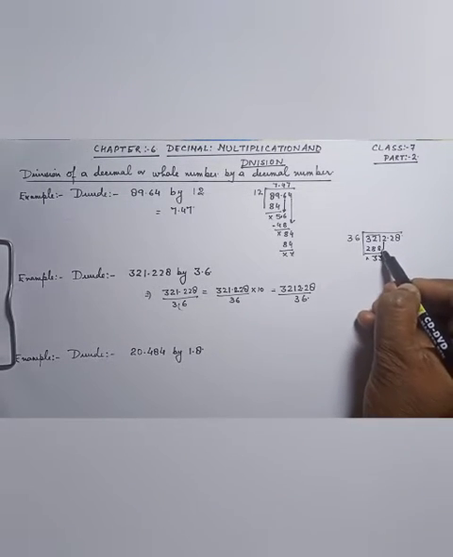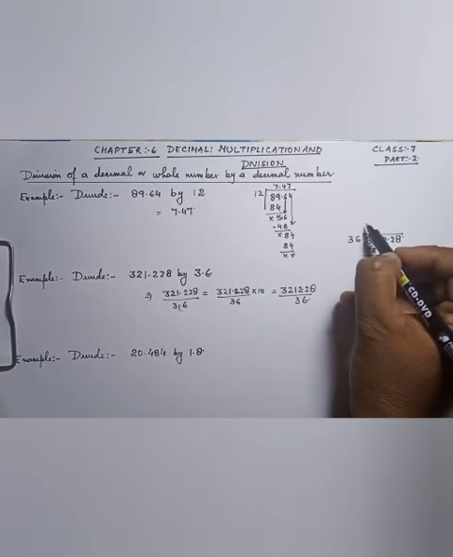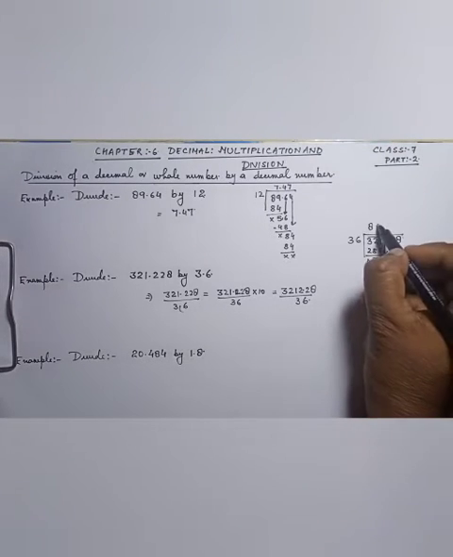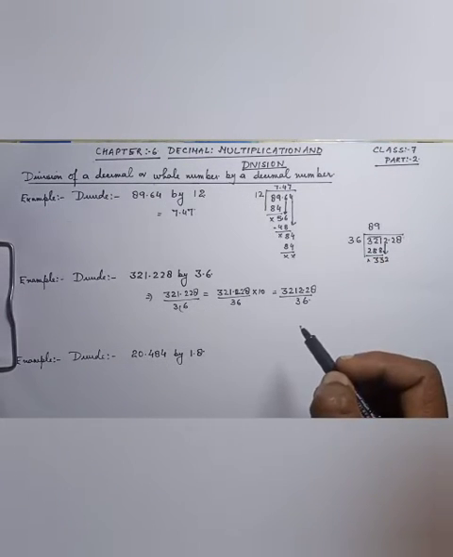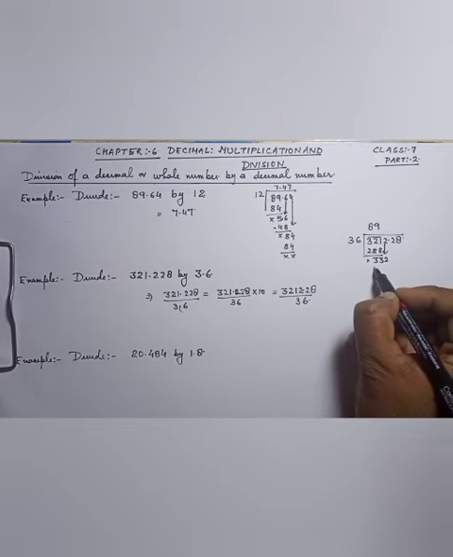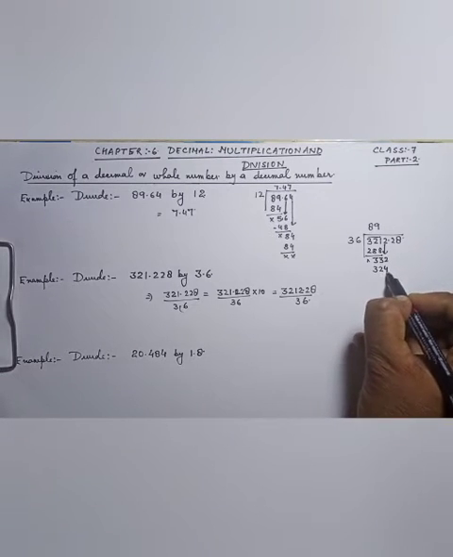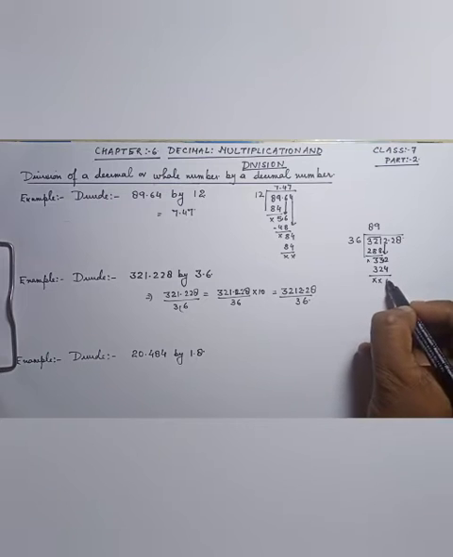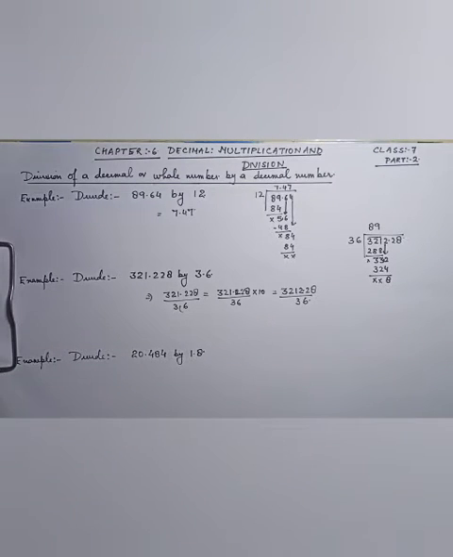Again I am going to bring down this 2. Now how many times? 36 nines are 324. So 8 is going to come down.